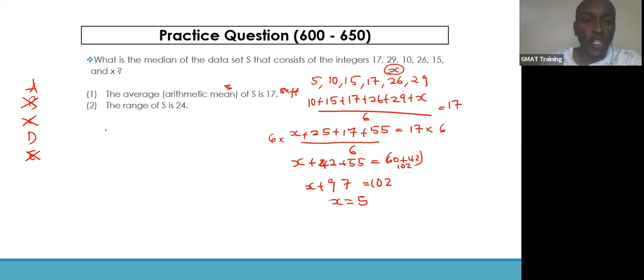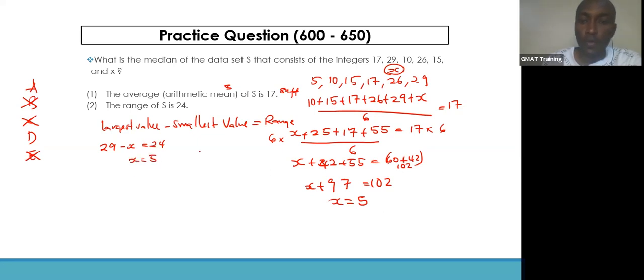What does it mean? We take the largest value minus the smallest value. This can mean two things. One, if we take 29 as the largest value in the set, you can have 29 minus the smallest value, say X, since we don't have it, and X will be 5.